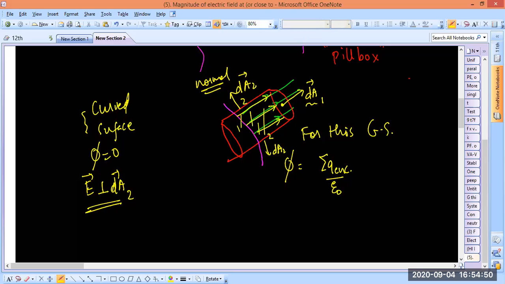But every time the electric field is like this and the small area vector of that curved surface will be like this, so the angle between those two will always be 90. Whichever side it is, right? You have to imagine it in 3D.